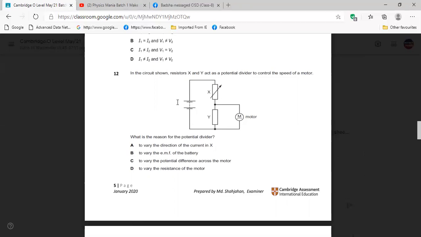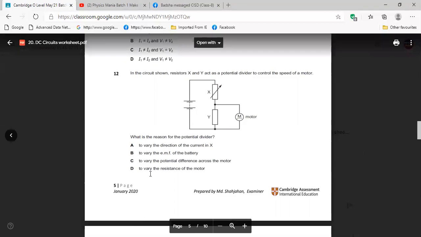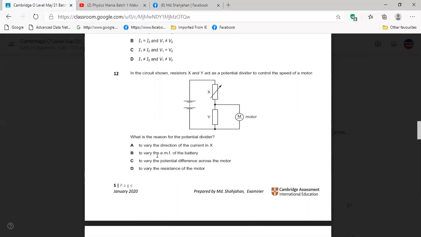It is a DC supply, so the direction is always the same. To vary the potential difference across the motor, to vary the resistance of the motor, which one is more appropriate? Sir, C. C, correct. Got it now?